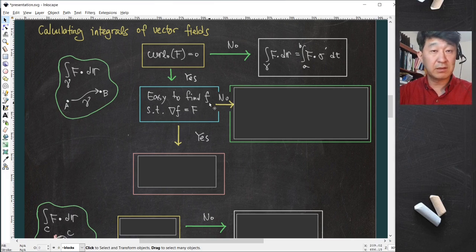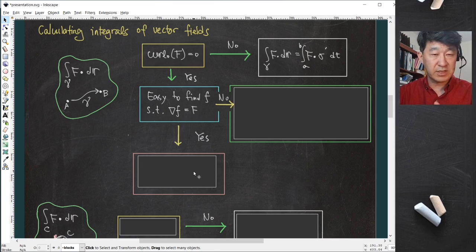So there's a scalar two-variable function, and if you take the gradient, it becomes the vector field you're looking at. If it is easy to find, then you have one answer. If it is hard, or you don't want to find it, then there's the next case.